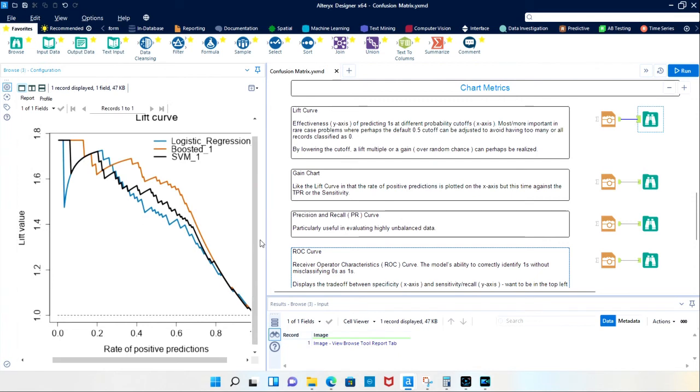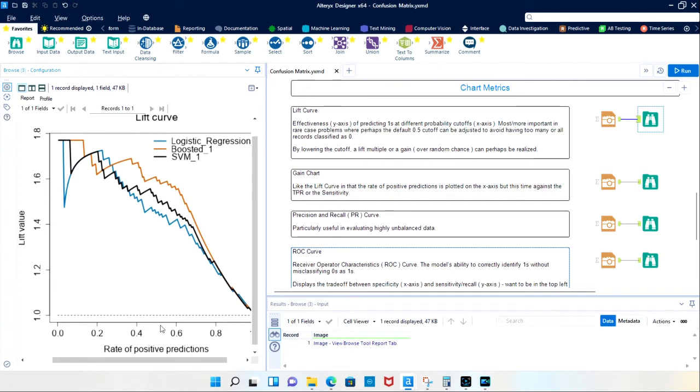Okay. Lift curve is the effectiveness on the y-axis of predicting ones at different probability cutoffs, x-axis. It's most or more important in rare case problems where perhaps the default 0.5 cutoff can be adjusted to avoid having too many or all records classified as 0.